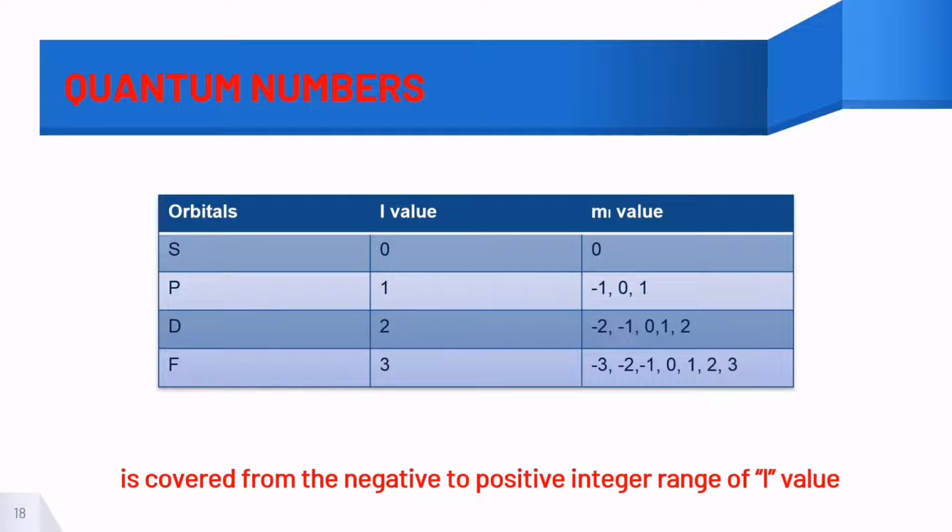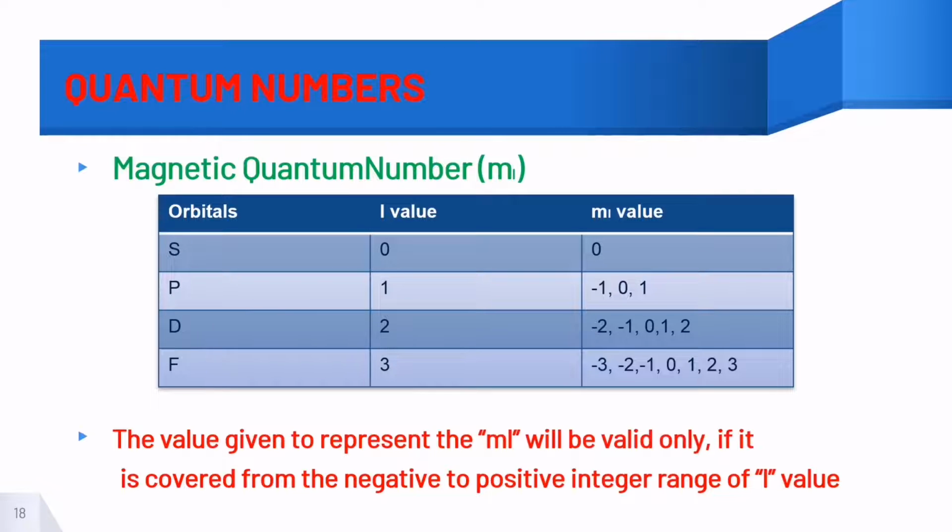Remember, in writing the magnetic quantum number, the value given to represent the m sub L will be valid only if it is covered from the negative to positive integer range of the L value, or what we call the angular momentum value.